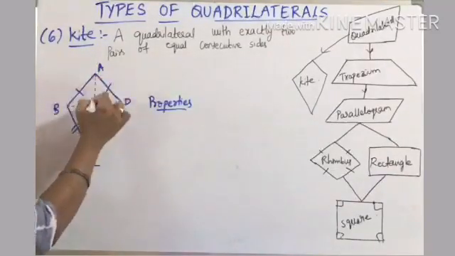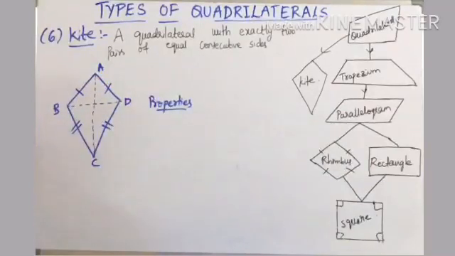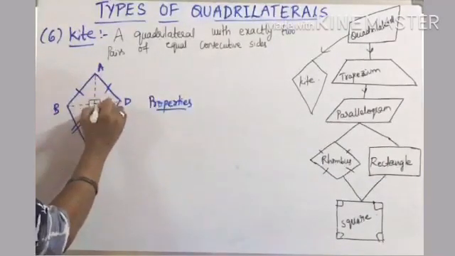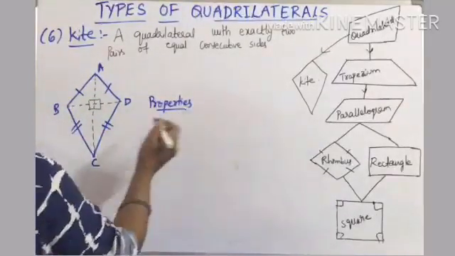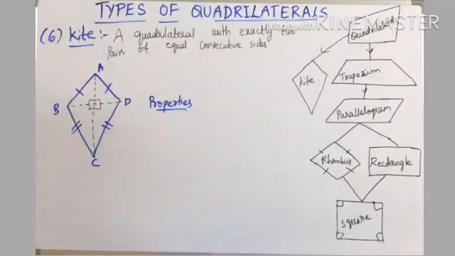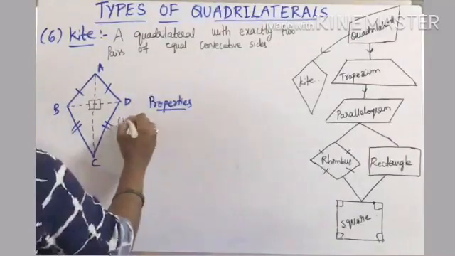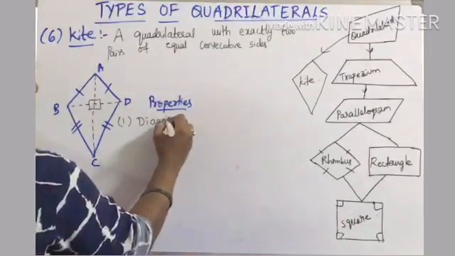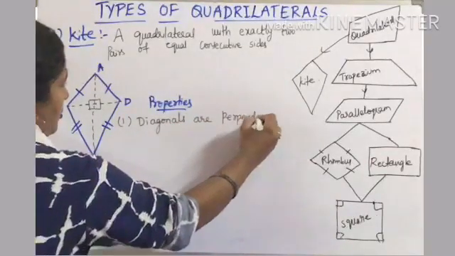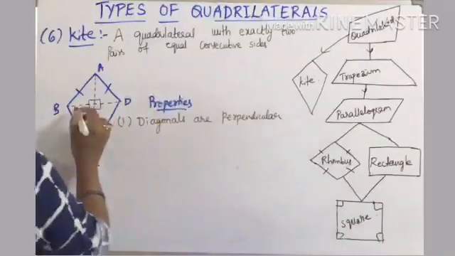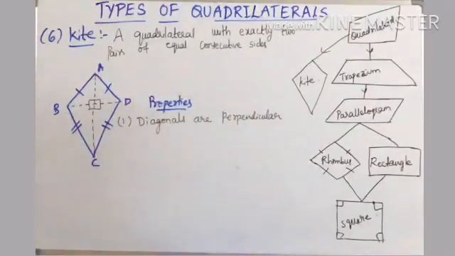If you see, AC is bigger and BD is smaller diagonal, but these two diagonals are perpendicular. Here they are not bisecting each other because AC is bigger and BD is smaller. So first one, the diagonals are perpendicular. Next one, are the diagonals equal here? No, the diagonals are not equal.